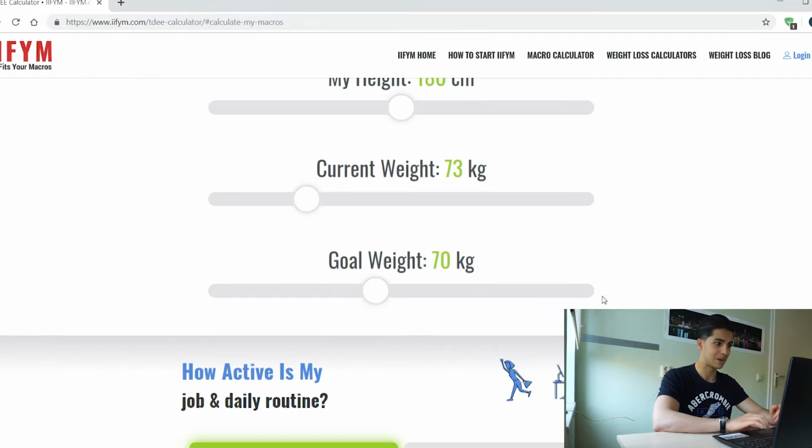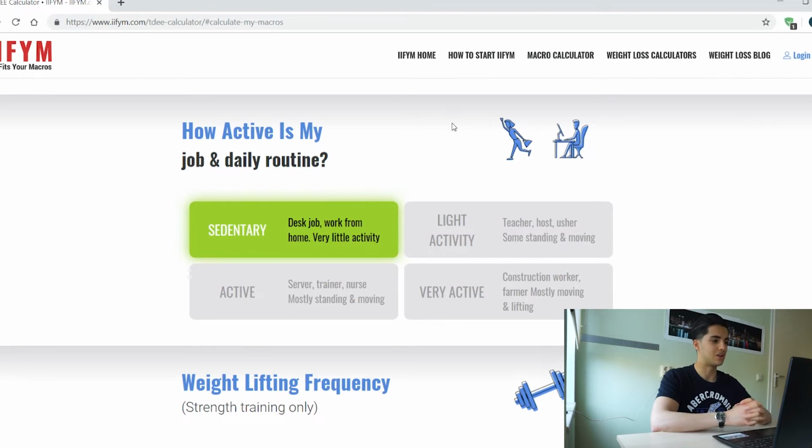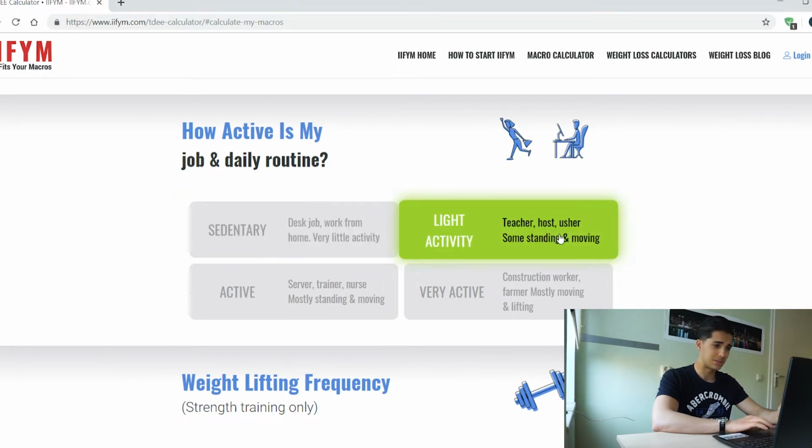Baby cut down here. Alright, and now it's going to ask me, how active is my job and daily routine? So over here you really have to be honest with yourself. Sedentary: desk job, work from home, very little activity. Light activity: teacher, host, usher, some standing, moving.